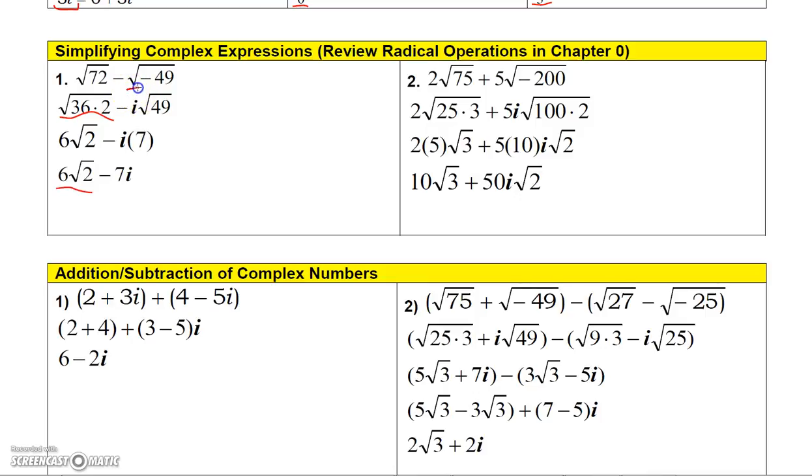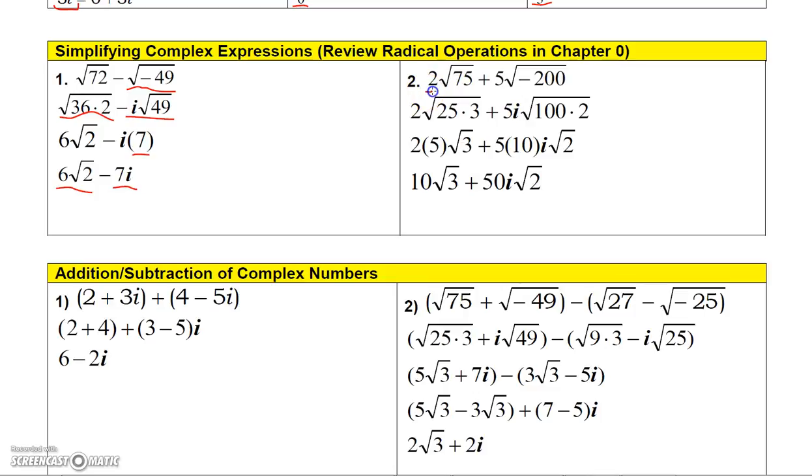The square root of -49 is i times the square root of 49, but the square root of 49 is 7, and since we usually write 7i, we get minus 7i. So we rewrite that expression as 6 square root of 2 minus 7i.